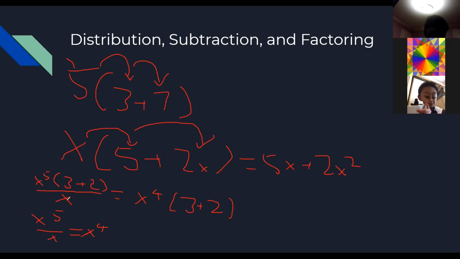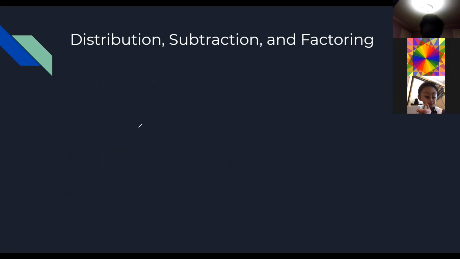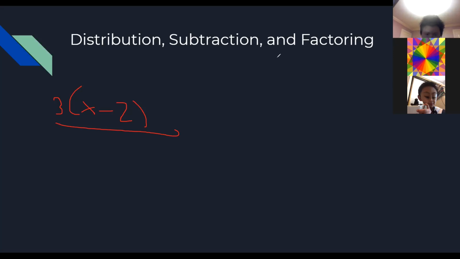But it doesn't need to be x by itself either. We could do, say, x minus 2 times 3, or I could do 3x plus 6.